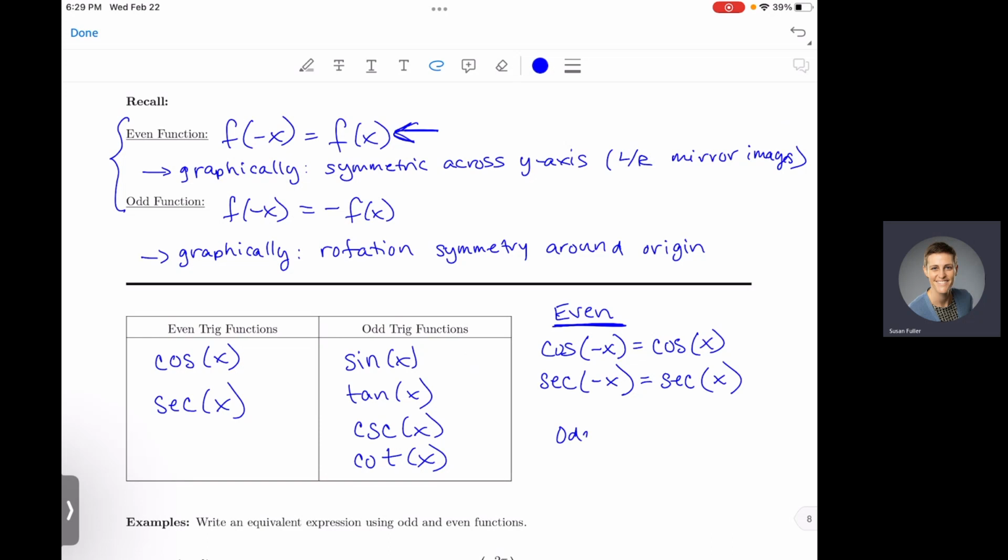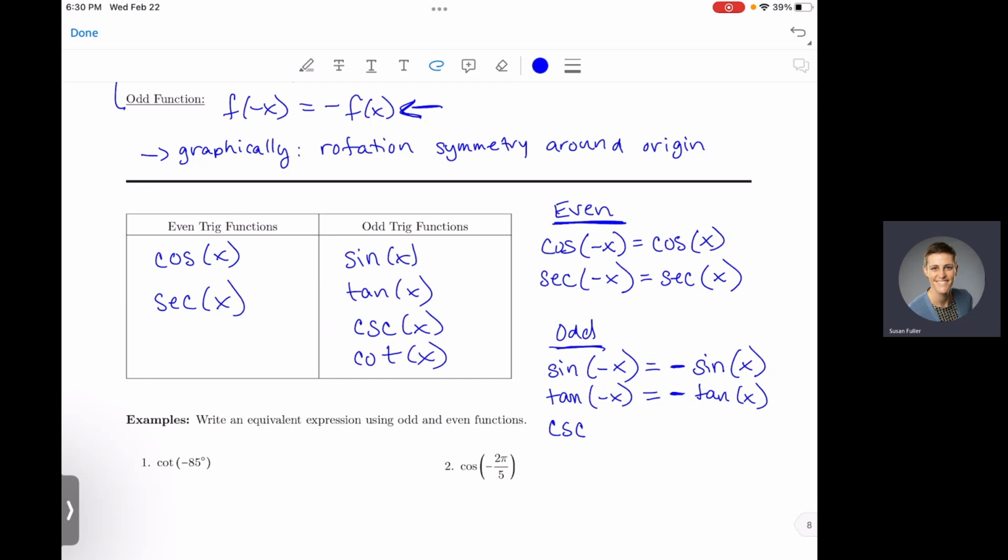And the odd functions, I'm going to apply this algebraic definition to my odd functions. If I take a negative angle and plug it into the sine function, I'm going to get the negative of the positively rotating angle. If I plug a negatively rotating angle into tangent, I'm going to get the negative of the positively rotating angle.